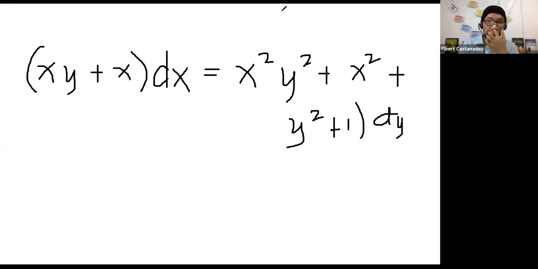Ay, wait lang. Parang ang pangit yata ng pagkakasulat ko. Sorry for that. So, liitan na lang natin. So, x times y plus x, okay. So, this is the dx. And on the right-hand side, you have this expression here.